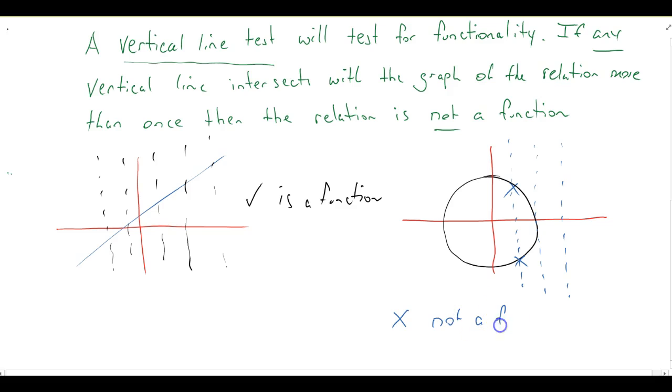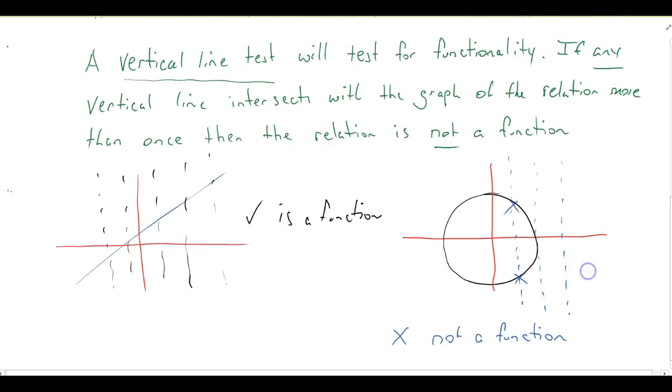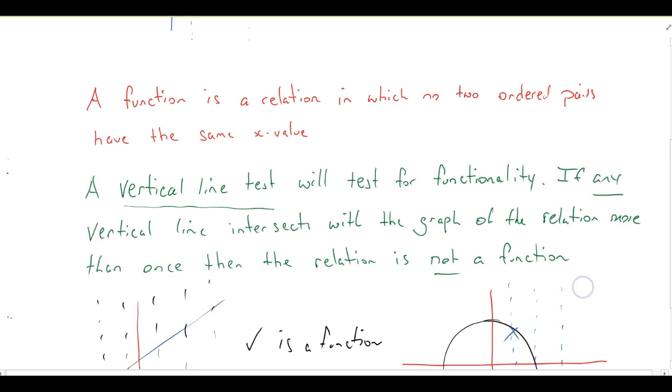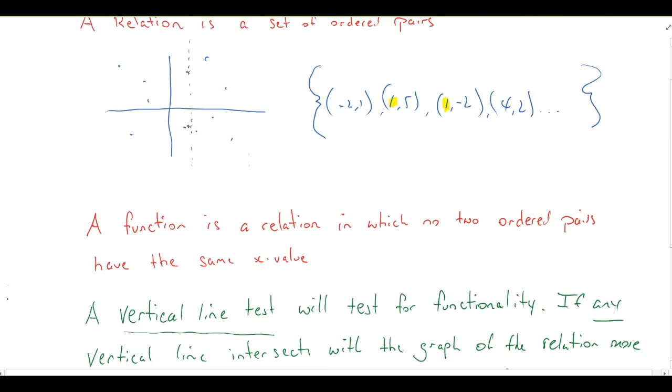So a circle is not a function. However, if we just drew a semicircle, then we would be okay. We'd have a function there. So there's a couple of quick examples of testing whether a relation is a function.